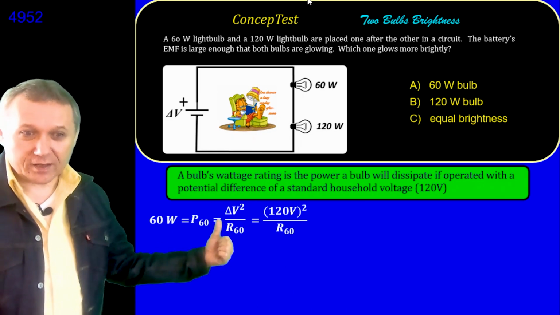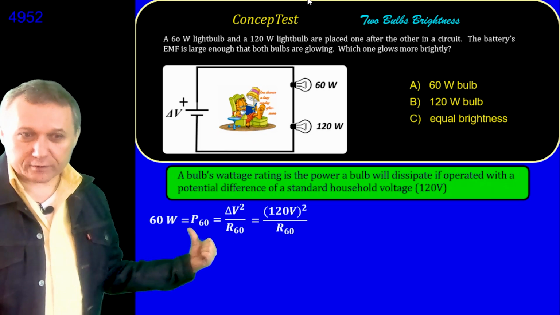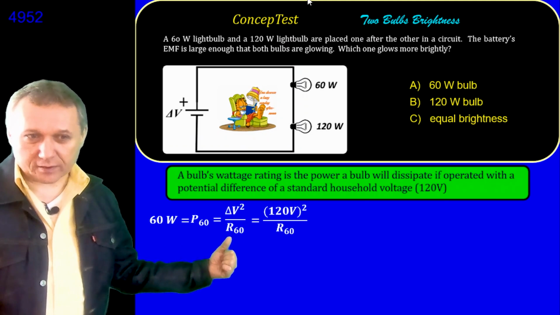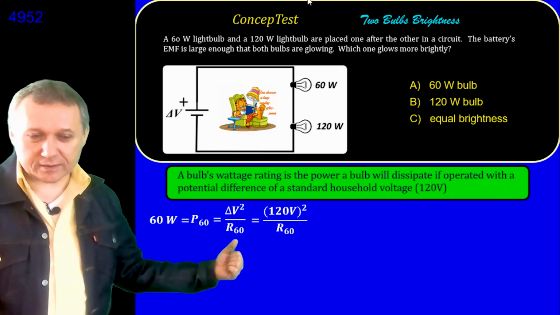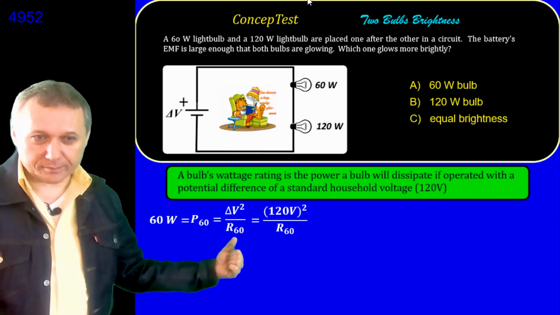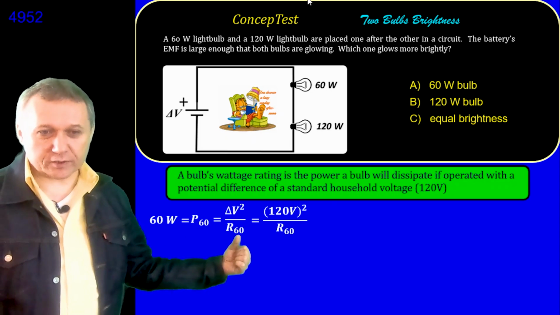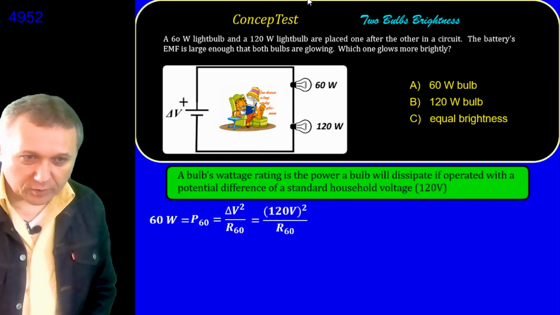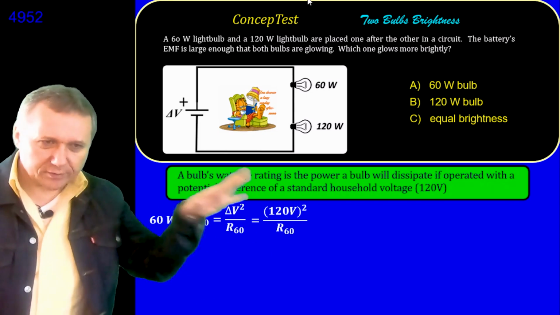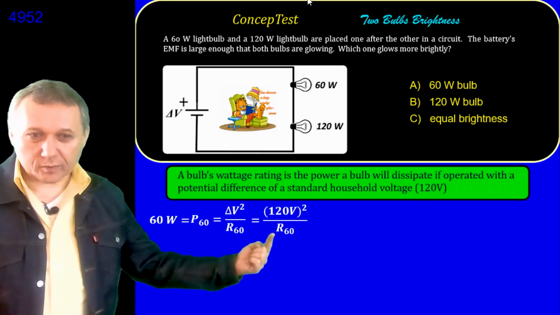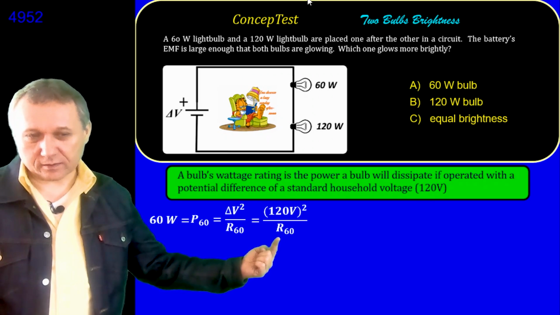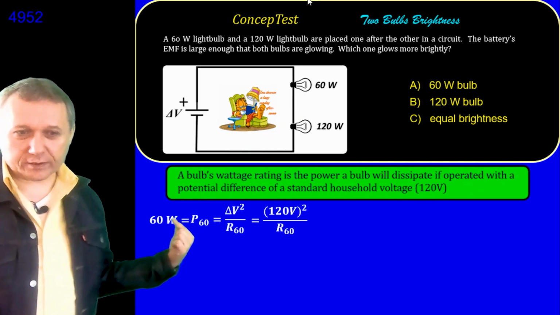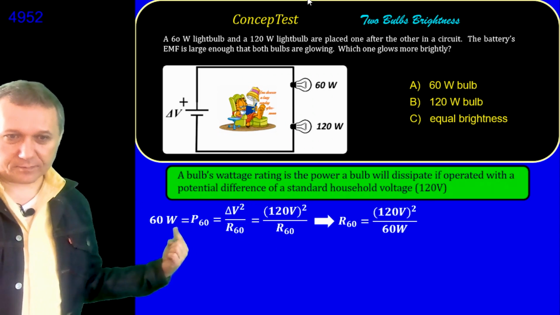Because again, as I said, delta V is 120 volts for this 60 watt bulb, and I want to get information about the resistance of the 60 watt bulb. So it's better to use this formula. Of course, 120 volts squared divided by R of the 60 watt bulb. So I can solve it for R of this bulb: it will be 120 squared divided by 60.